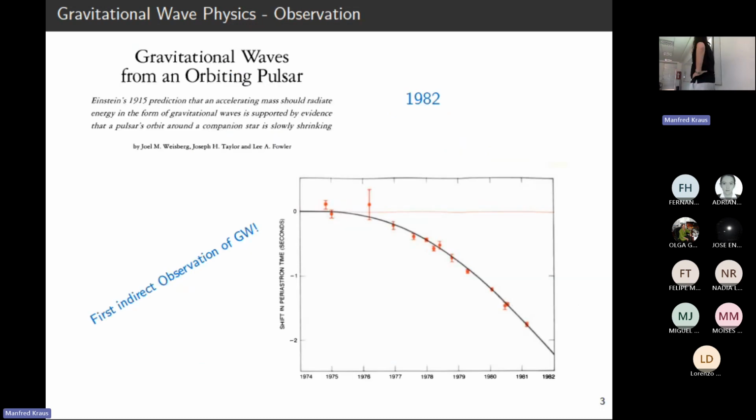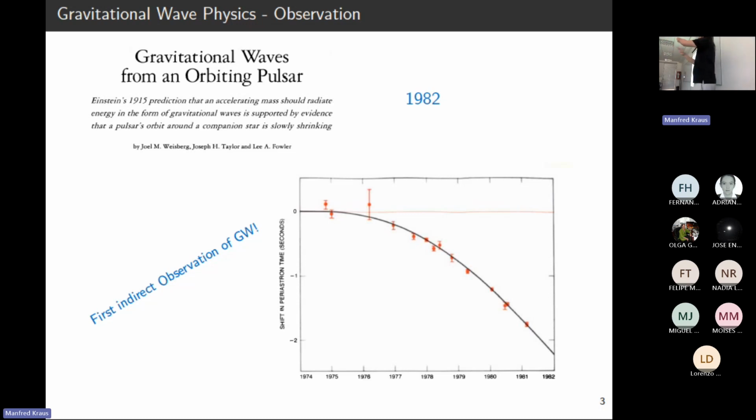Going on, the first indirect observation of gravitational waves was in 1982, and this is an indirect observation where, shortly before, in 1974, Taylor and Hulse discovered the first binary neutron star system.